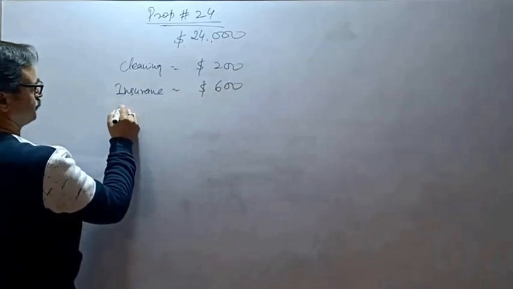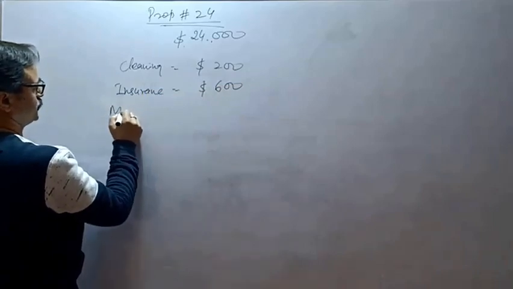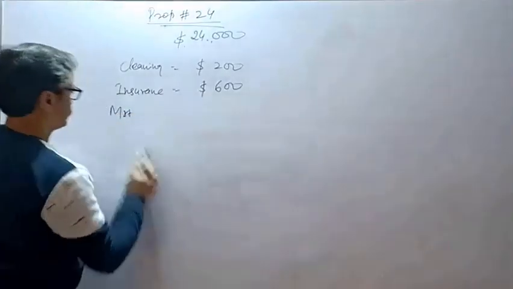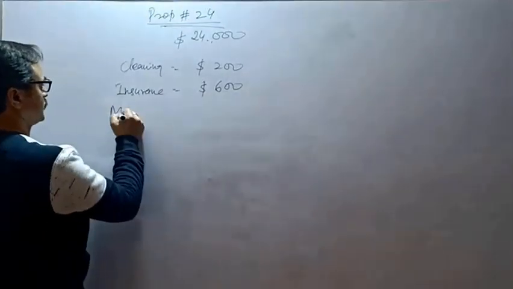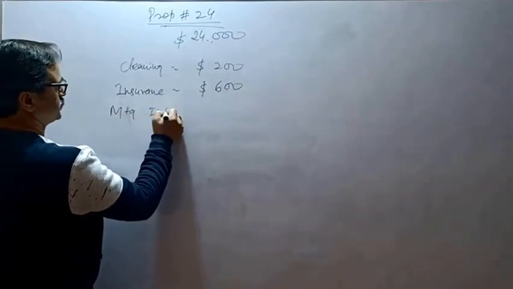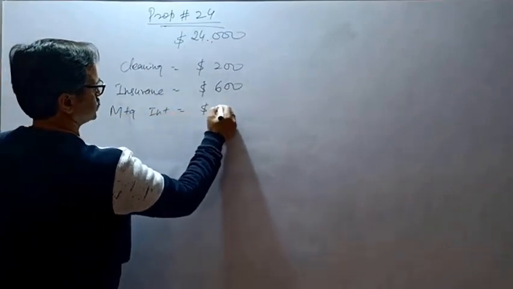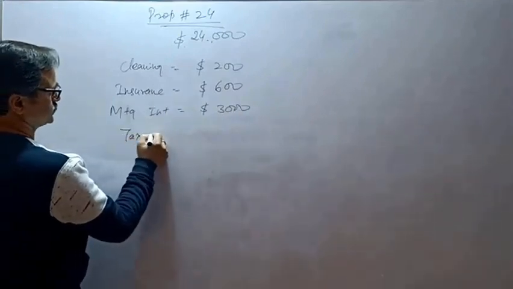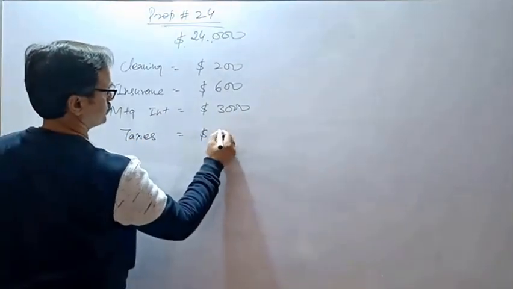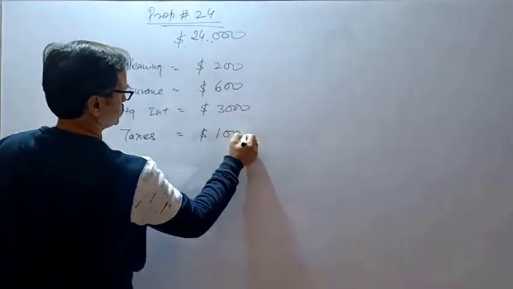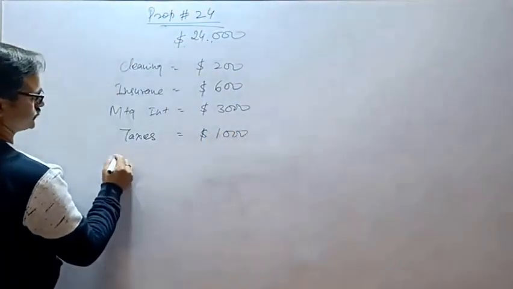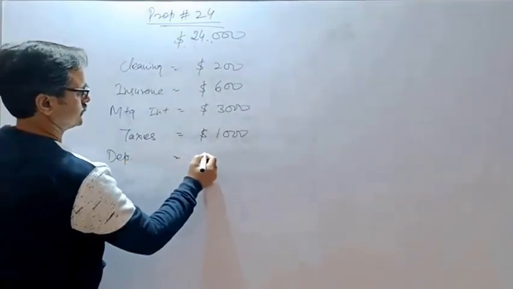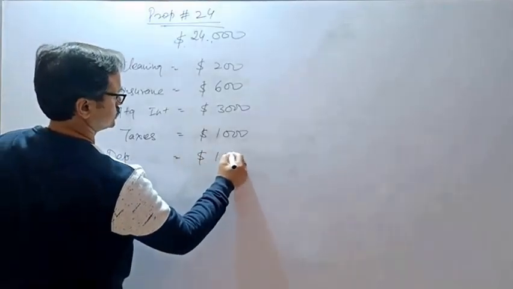And there could be mortgage interest, that was dollar 3000. And property taxes that have been paid, almost 1000, right? And then there could be depreciation, like dollar 1000 again, right?